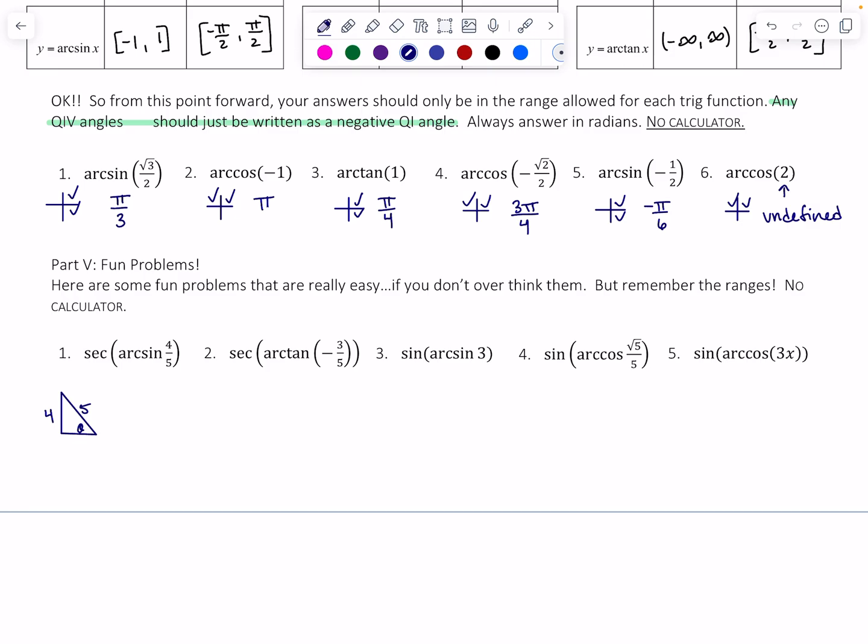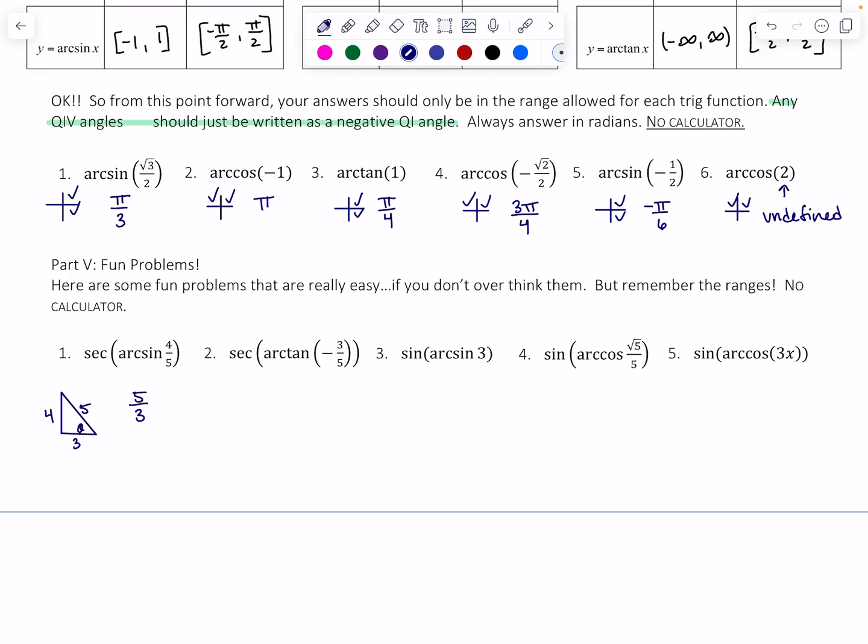Now we're looking for the secant of that, so hypotenuse over adjacent. We know this side is going to be 3, so this is going to be 5 over 3. You just have to think through what side lengths it's giving you.